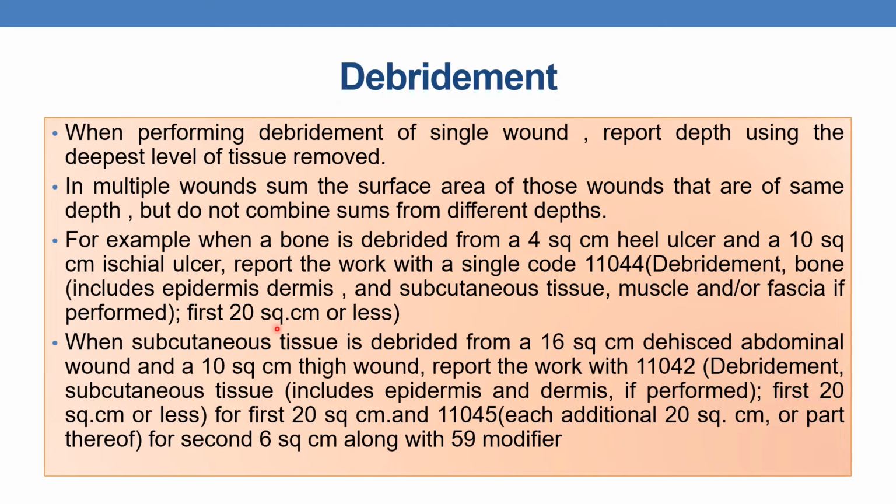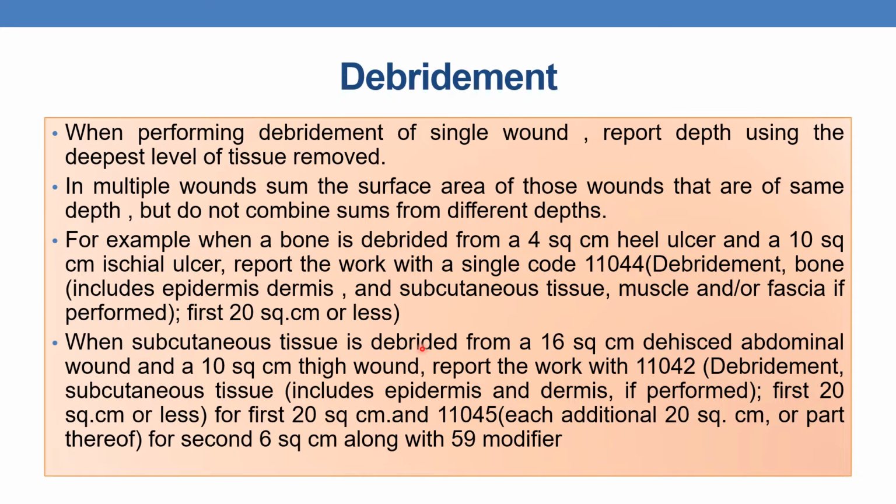So for first 20 square centimeters or less, we need to give this code 11044 for debridement of bone. Here the bone is debrided from a 4 square centimeter heel ulcer and a 10 square centimeter ischial ulcer. So 4 plus 10 is 14, which is less than 20. Hence, it is reported by only one code 11044.